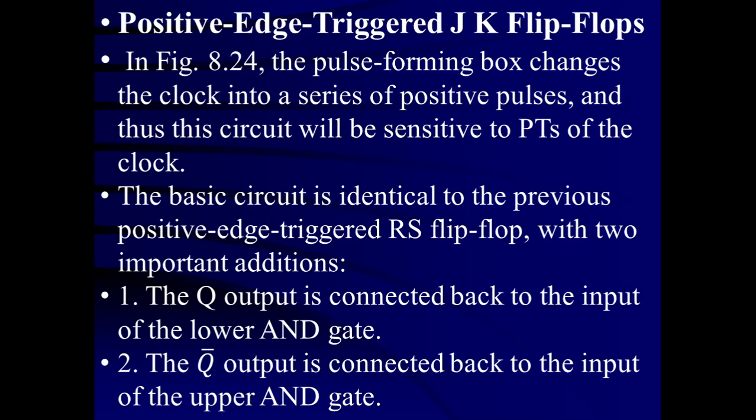So in a JK flip-flop also, we can have a positive edge-triggered JK flip-flop as well as a negative edge-triggered JK flip-flop. In figure 8.24, the pulse forming box changes the clock into a series of positive pulses, and thus this circuit will be sensitive to the positive transition of the clock.